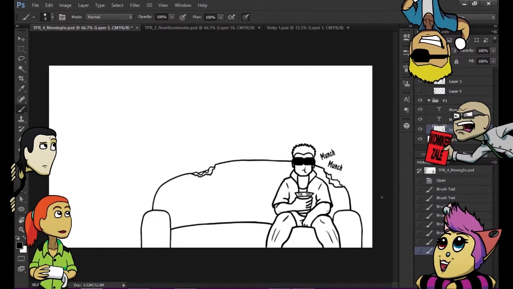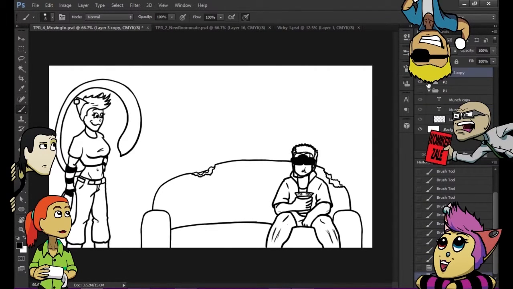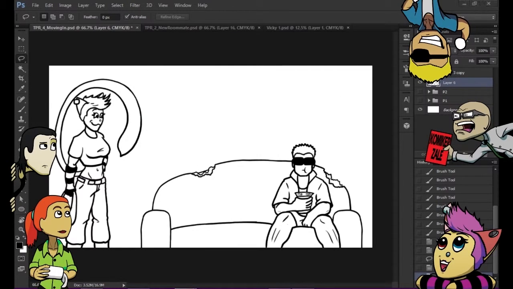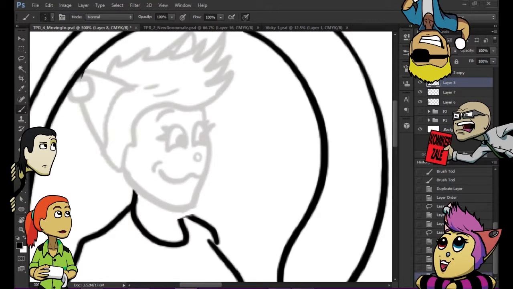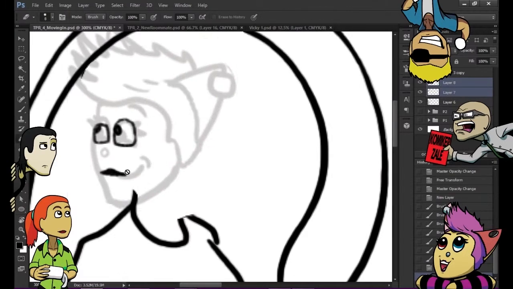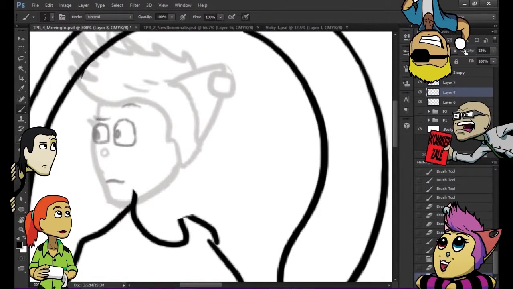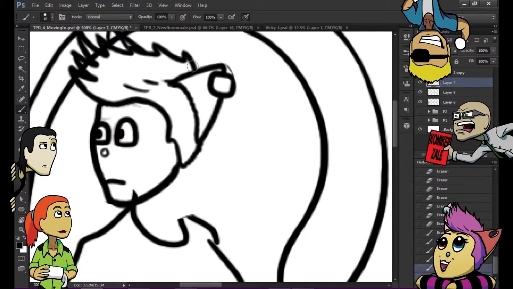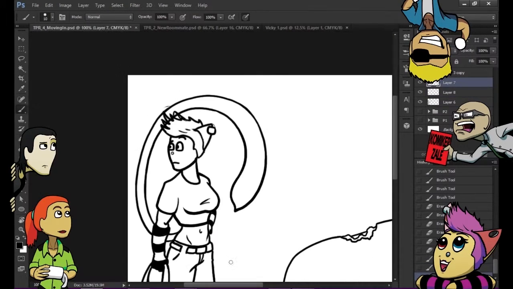But yeah, so just checking out the 2 panels, making sure everything's lined up properly. Then making the 3rd panel, all I did was copy what Vicky looked like and then move her head around. This is kind of the lazy way of doing it, but it keeps consistency, especially if you're starting off.